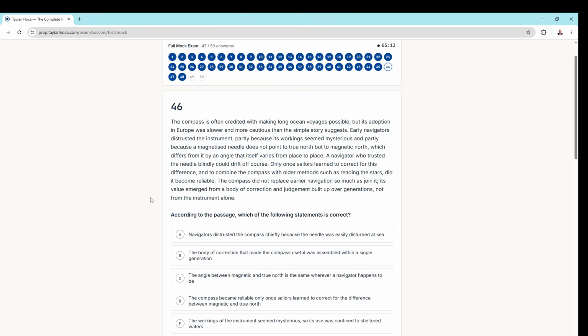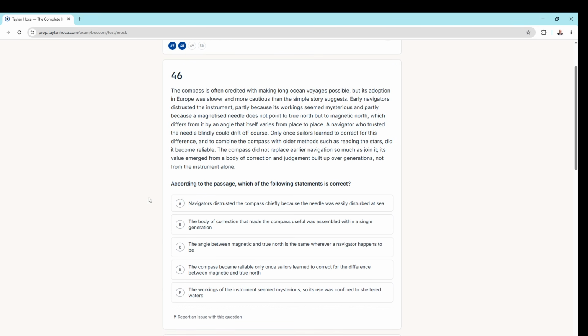Okay, let's check this. A compass, early knowing, distrust. They distrust the compass. If it makes a wrong reading, then they drift off.